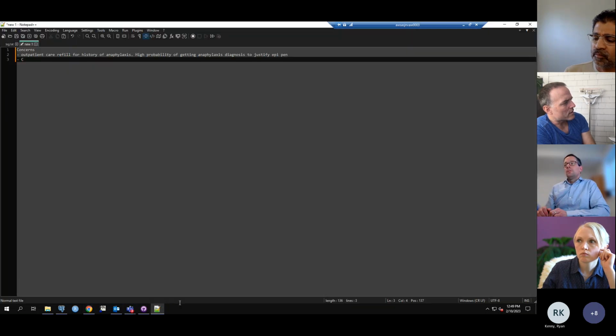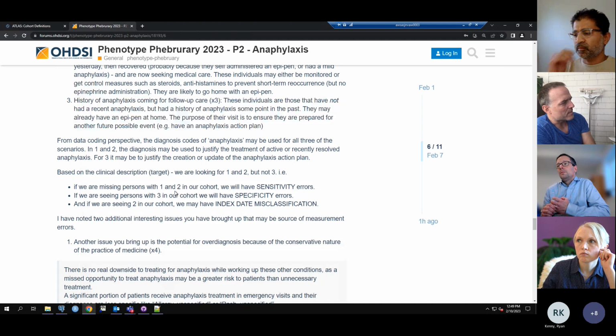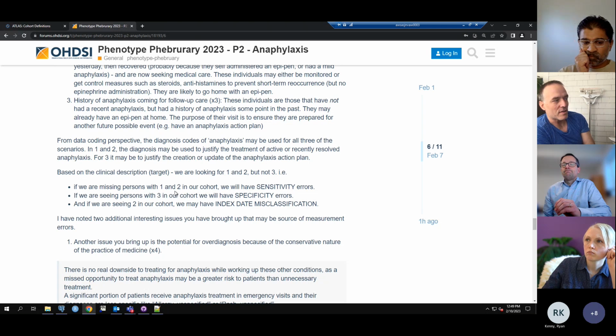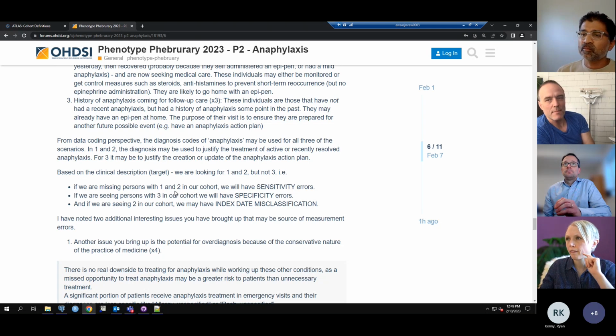The only other feature that I was curious about is that there do seem to be some features, I don't know how well used they are, that relate to prescription length or something like that. I don't know how that would necessarily come from an EpiPen prescription.